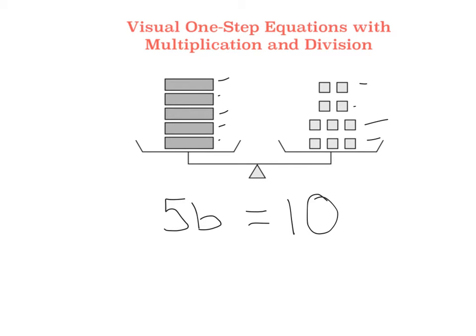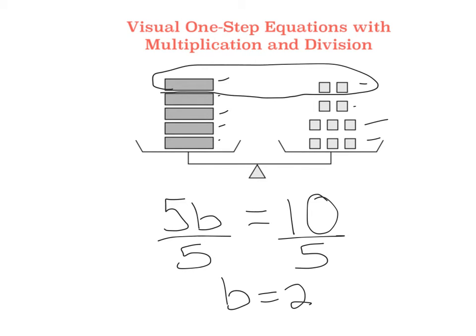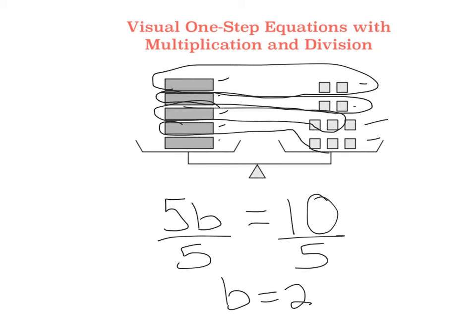So if I have 5b, 5 times b equals 10, I'm going to divide by 5. And remember, a fraction is also just division. There are 2 different ways you can write it. So b would equal 2. And if you split these into their boxes, you would have made the same result that I did.